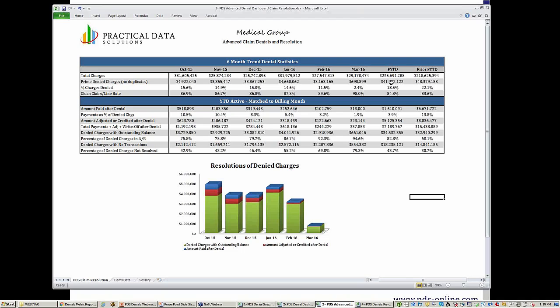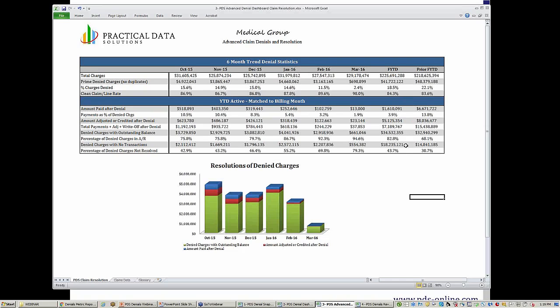And in here we've organized the information to really understand our total charges. Fiscal year-to-date, we've had $225 million in charges. 41 million of those charges have been denied. So that's about an 18% denial rate. Well, we have an 85% clean claim rate. That's decent, but it can get better. And so what are the things that we want to focus on in order to do that?